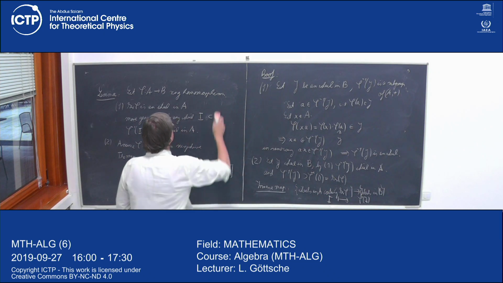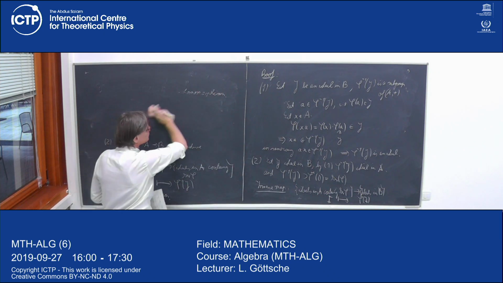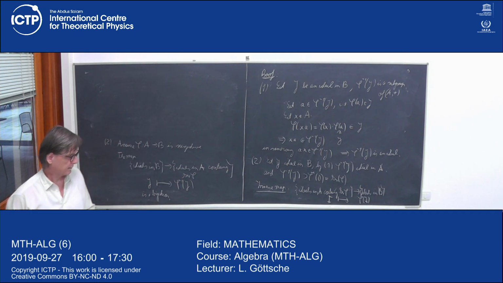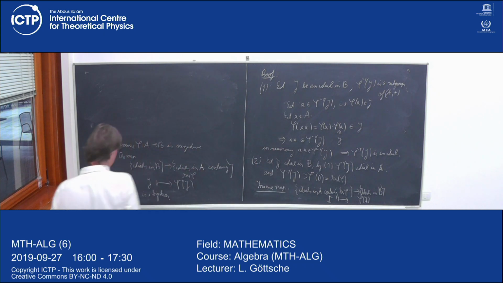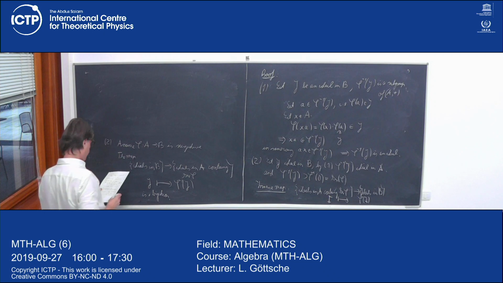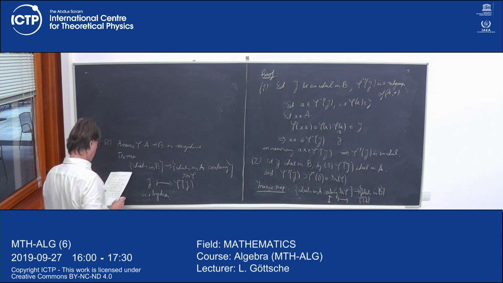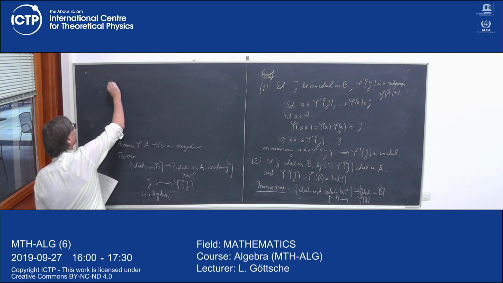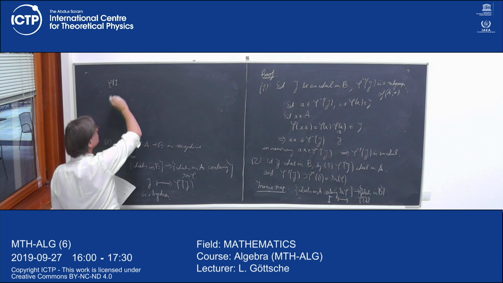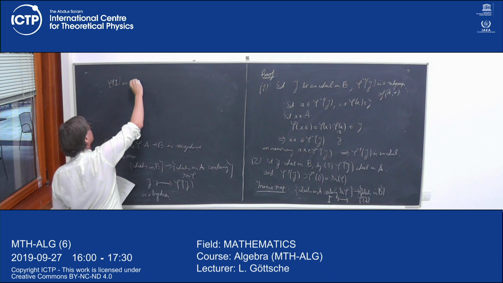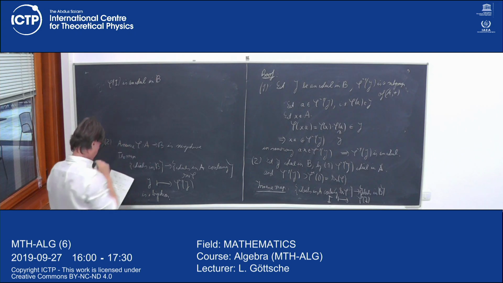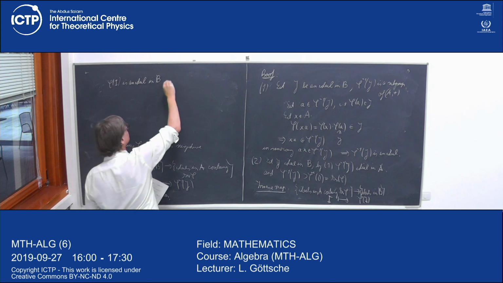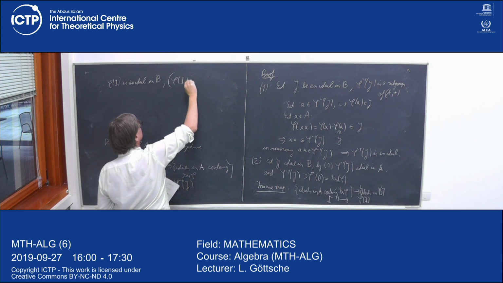But anyway, I want to see that this makes sense, so this is an ideal, and secondly, that it's the inverse. So phi of I is an ideal in B. So again, obviously, if I take phi of I with the addition, it's a subgroup.